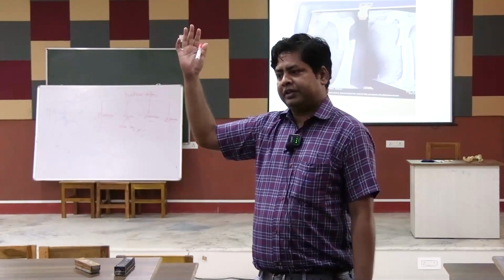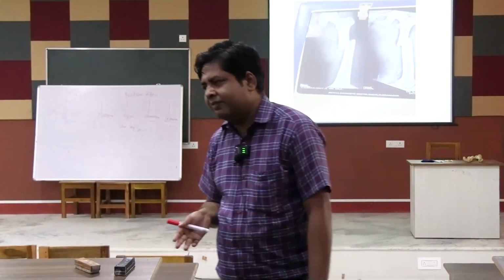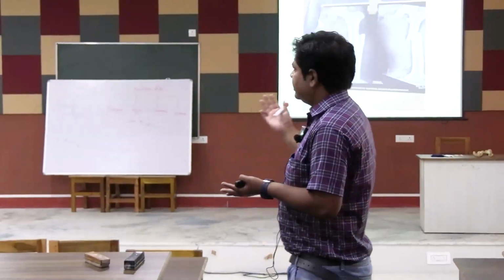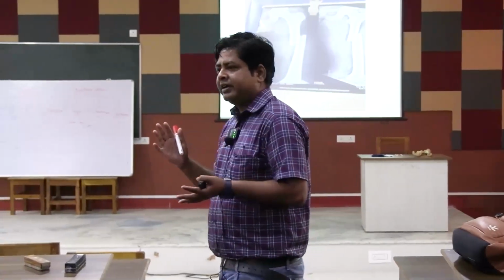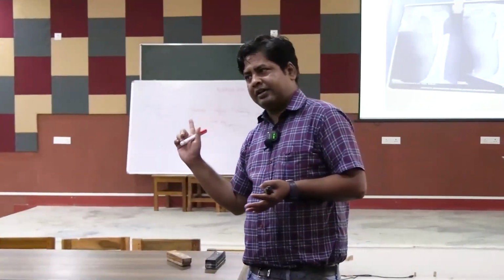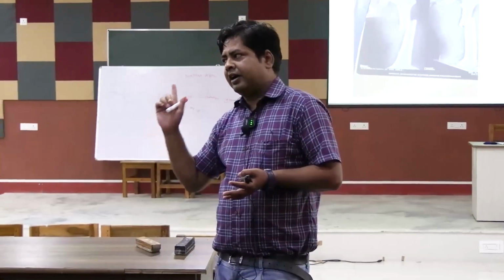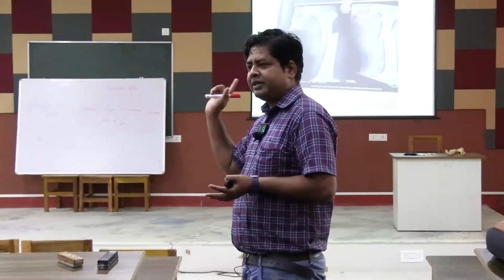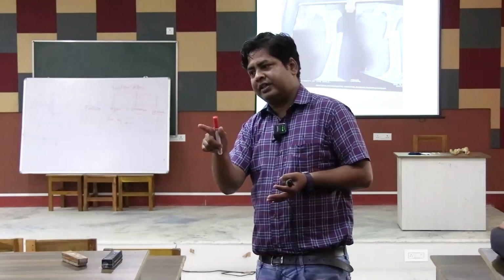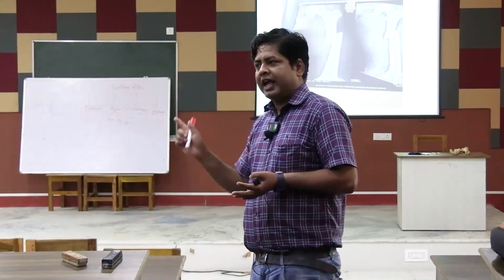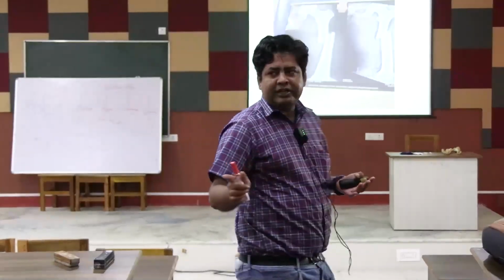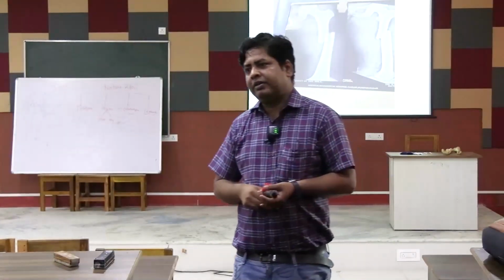If you are 100% confirmed that there is only a fracture in the mid shaft part, then mention X-ray of right thigh or right femur, AP and lateral. If it is the proximal part of the thigh, mention X-ray of right femur with right hip joint, AP and lateral. If it is the distal part of the femur, then X-ray of right femur with right knee joint, AP and lateral. Okay.